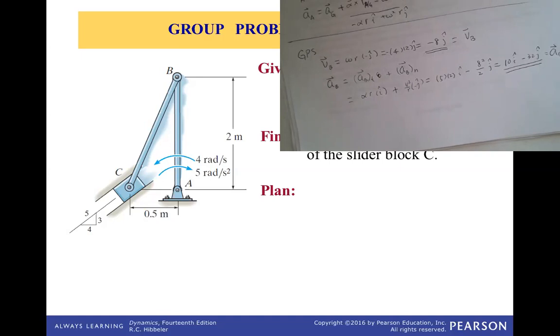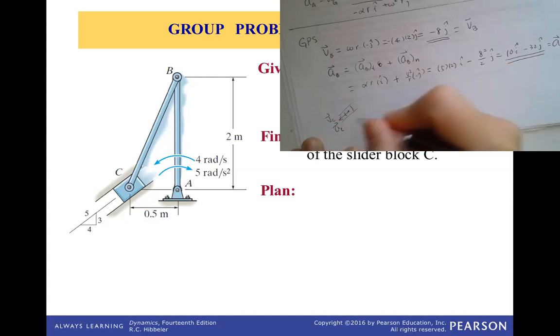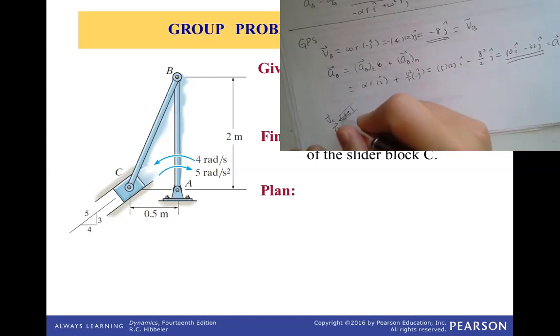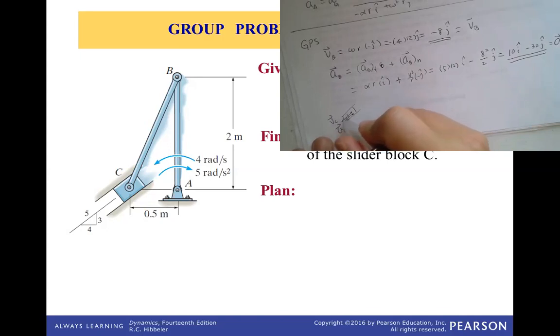We assume the velocity and also the oscillation are in that direction. It doesn't matter if we get negative numbers; that simply means it should be in the opposite direction.